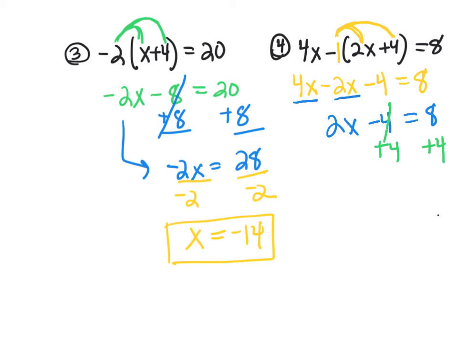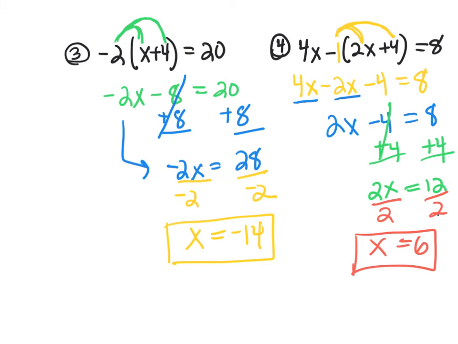When I do so, I'm going to be left with 2x on the left side of the equation. 8 plus 4 will give me a 12. And now I'm down to my very last step, 2 times x, inverse operation, divide, x will equal 6.